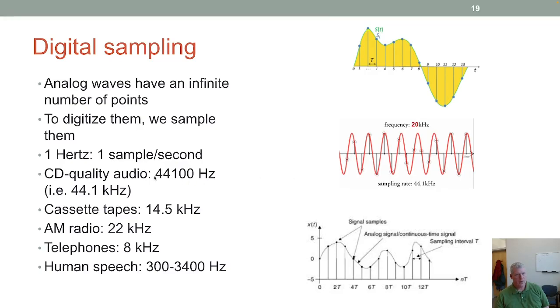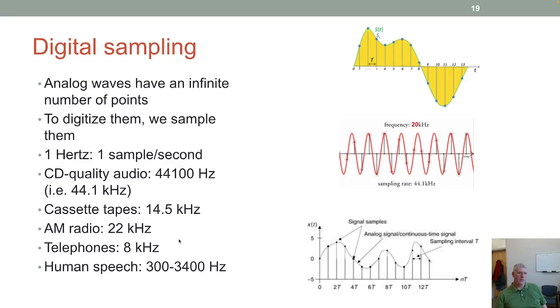And they have 44,100 hertz. So there are 44,100 different samples in 1 second, is what that means there. And so it's taking a sample that frequently. Cassette tapes, the good old cassette tapes from the 80s, right, had 14,500 hertz. AM radio, if you have a car with AM radio still, shout out to you.